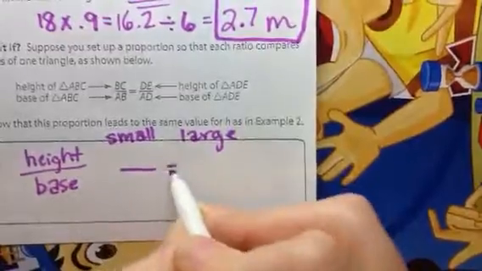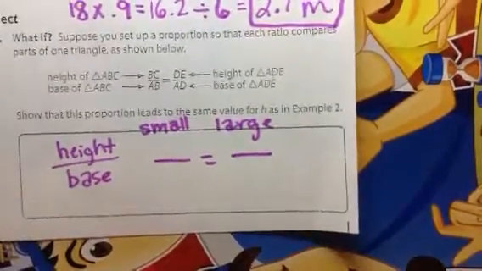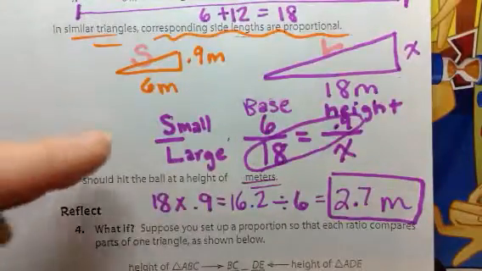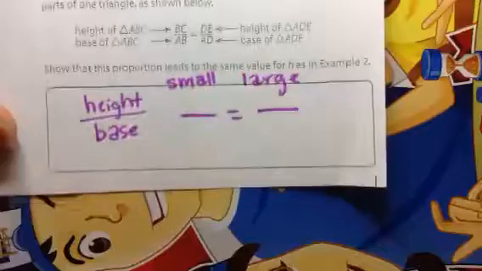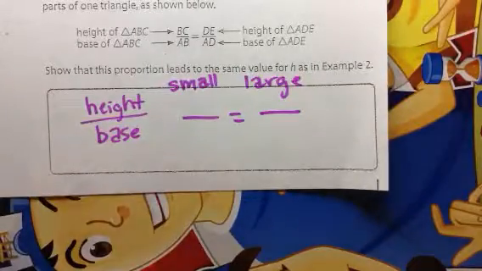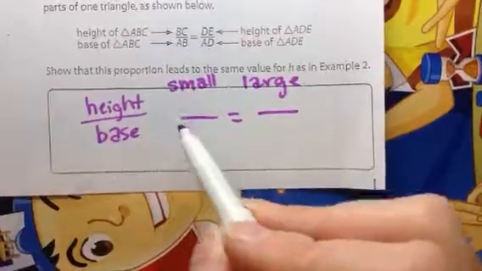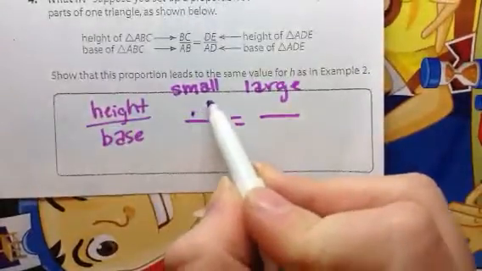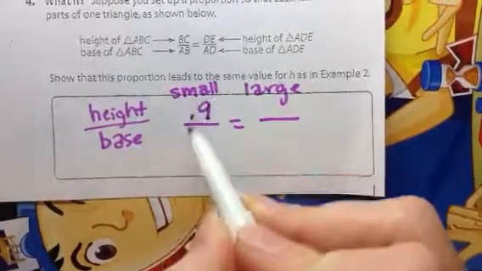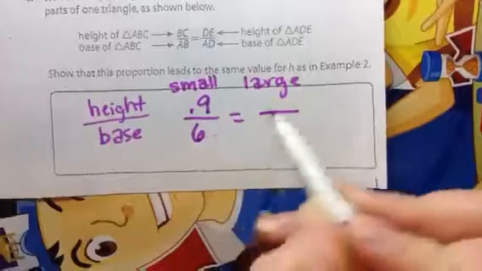Okay. Remember how I said like there's lots of different ways for you to set up that proportion? I just favor small to large because it's easier for my brain to start that way. It's okay if your brain's not like mine and you would rather do height to base every time. So on the picture, the small height was the height of the net, and the small base was 6 meters.